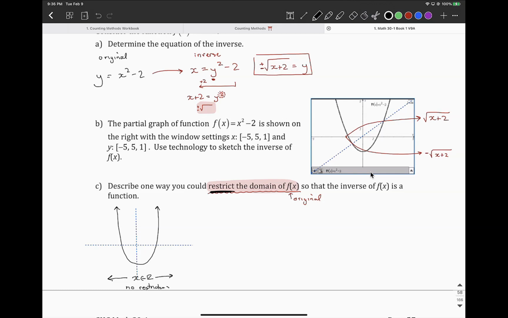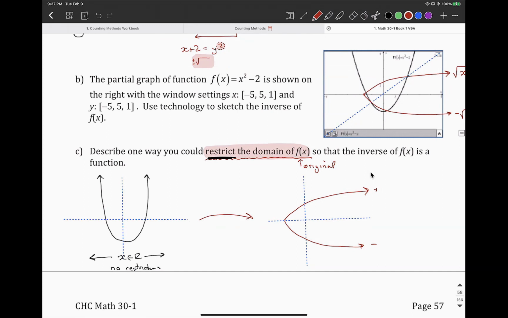Now, what this is doing is causing a little bit of drama in the math world. It's creating this inverse, which is both the positive and the negative equation. So our goal, our hope, is to restrict this graph.